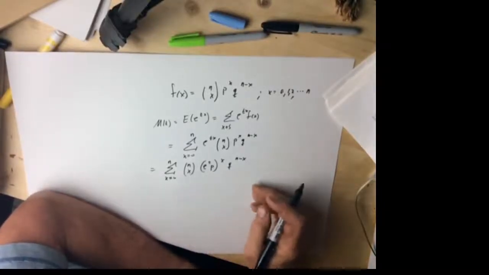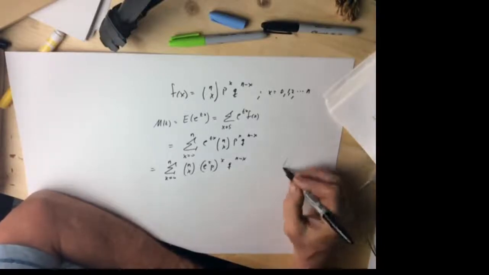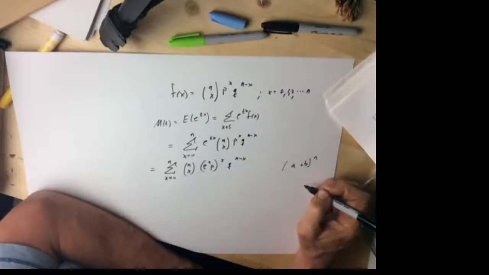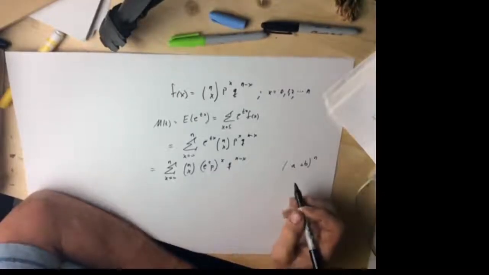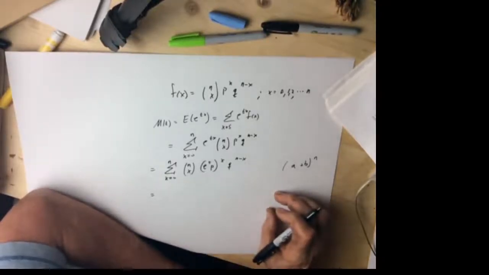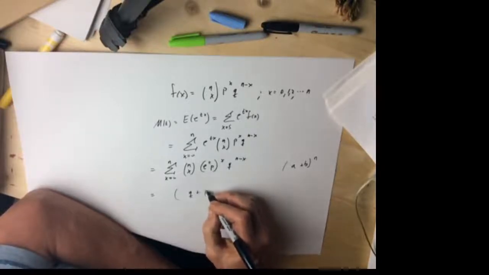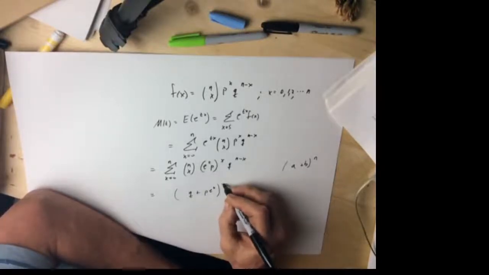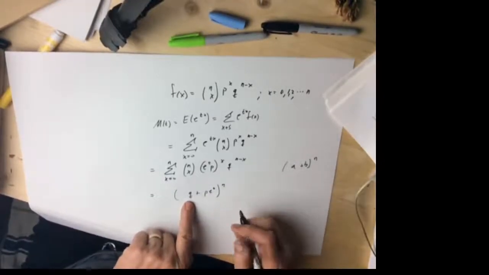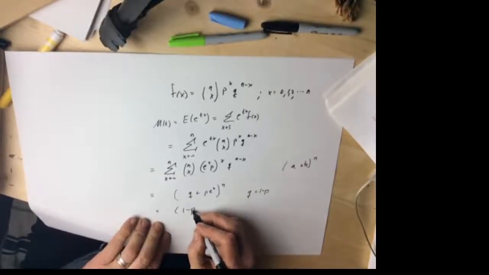That's the full binomial row in a binomial expansion of a plus b to the n, where a happens to be e to the t p and b happens to be this q, and so we get the full sum of the binomial row, which is q plus p e to the t, to the n. And we can replace q with 1 minus p if we like, and that's commonly done.